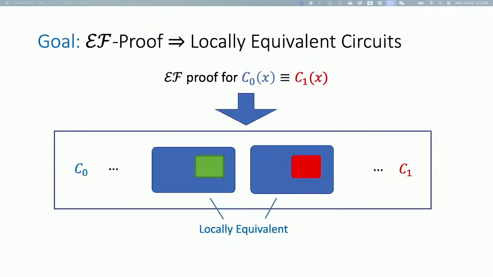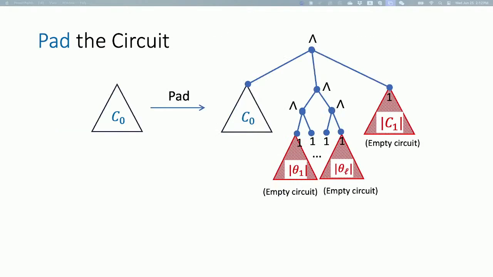And recall that our goal is to show that if you have a polynomial size EF proof of functionality equivalence between C0 and C1, then you can build a sequence of intermediate circuits where the first circuit is C0, the last circuit is C1, and any two adjacent circuits are locally equivalent. In fact, we need to do a little padding on the circuit to achieve this.